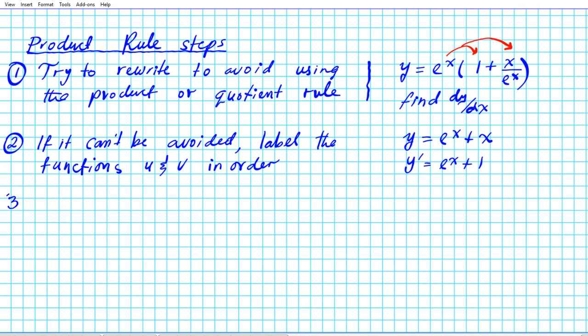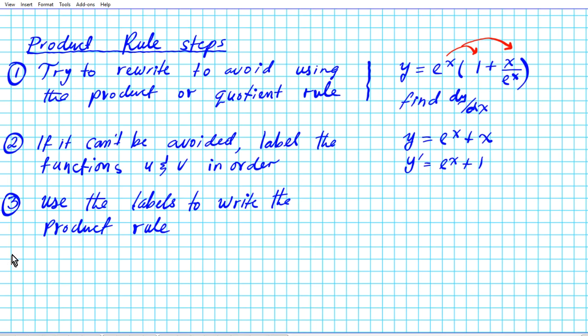And then you use your labels to write the product rule. It's always good to embed the formula in your problem solving process to minimize the chances of making mistakes. So now you've written down the product rule using the labels that you created, u and v.